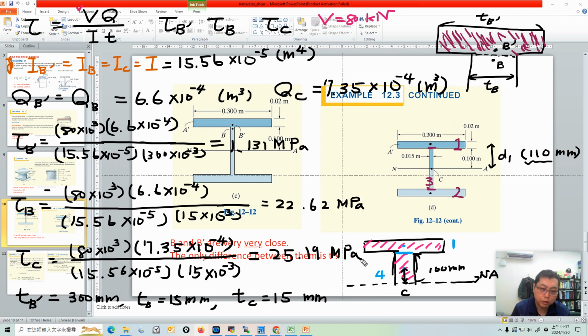For the moment of inertia, you also sometimes have to consider the parallel axis theorem. So it takes lots of effort to calculate the shear stress in a beam. That's why you need to get used to this. There's no simple way to do this calculation. I think this is the simplest way to do the calculation.